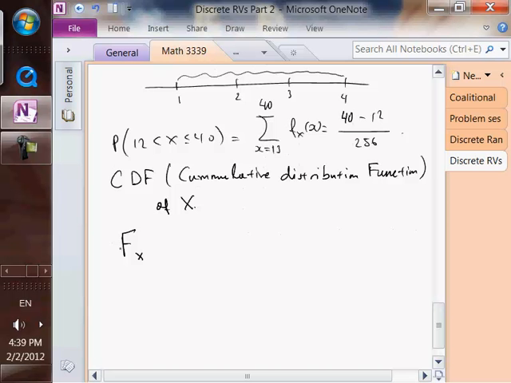Again, we use the uppercase F and the subscript X to indicate the random variable. That's a function that is defined for every real number, and it represents the probability that X will take values less than or equal to a.